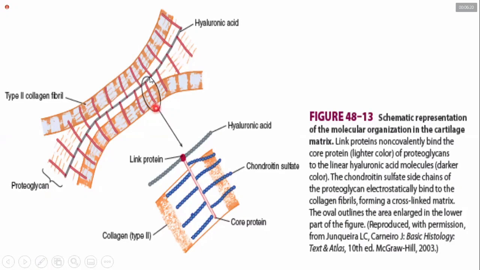If we take a cross section in this area, we can see the presence of the core protein as well as the chondroitin sulfate, which is a carbohydrate molecule integrated with the collagen type 2 in order to have the complete structure here. And this is the hyaluronic acid that is connecting the carbohydrate molecule with the protein.